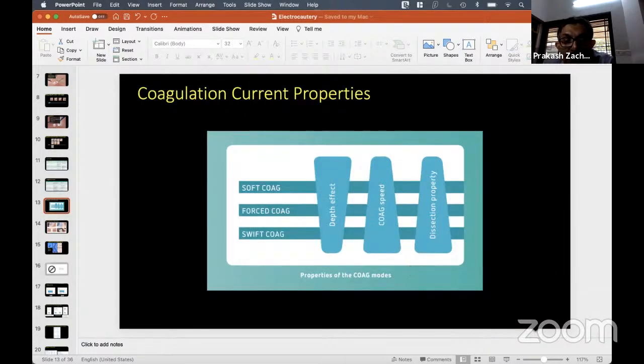The next one is the forced coagulation, where the peak voltage is about 800 to 1800. It is a faster coagulation than the soft coagulation. And then there is the swift coagulation, where the peak voltage is more, around 600 to 2500, and it also gives a faster coagulation.